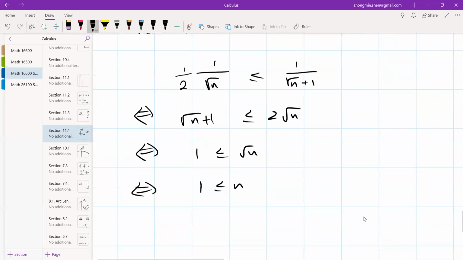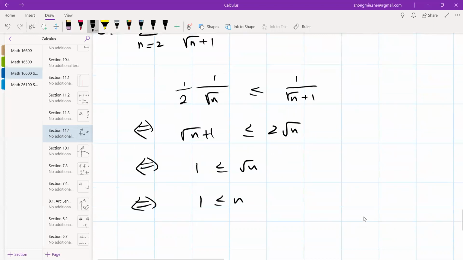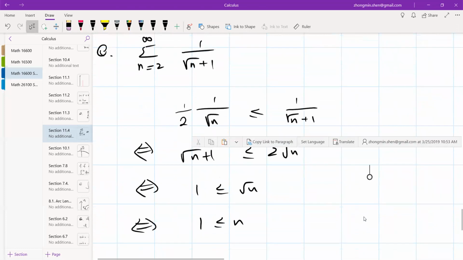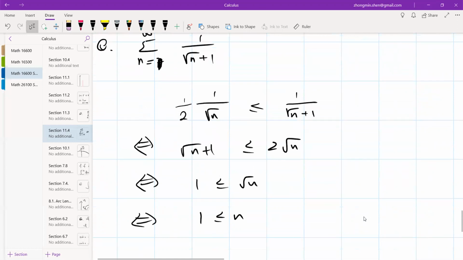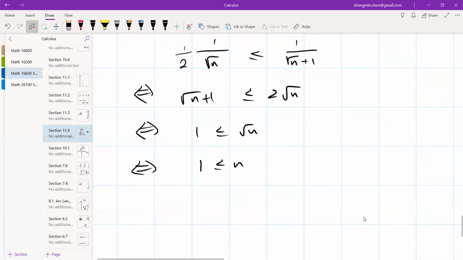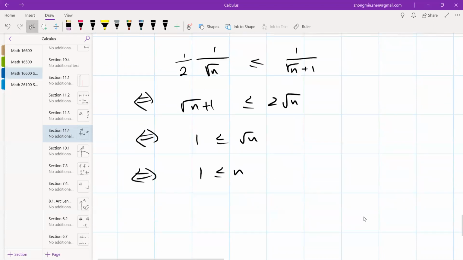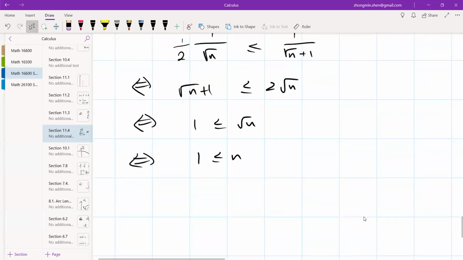It works, because n is greater than or equal to 1. The series usually begins with 1, but that doesn't matter, because root n plus 1 is defined and not going to be 0. So the above inequality holds for n greater than or equal to 1.